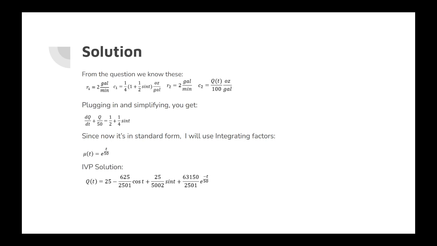And after all the calculation and plugging in what's given, you get q(t) equals 25 minus 625/2501 cosine t plus 225/5002 sine t plus 63,150/2,501 e to the negative t/50. As you can see, it's simplified to look like that.